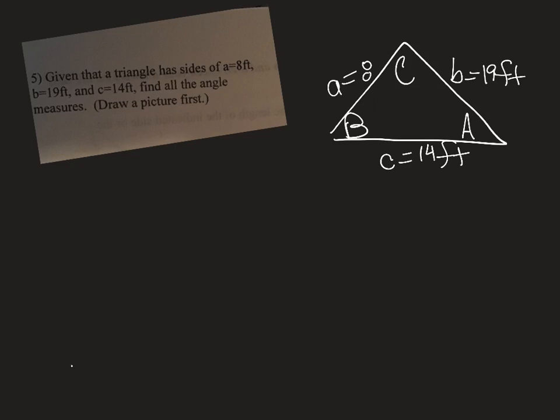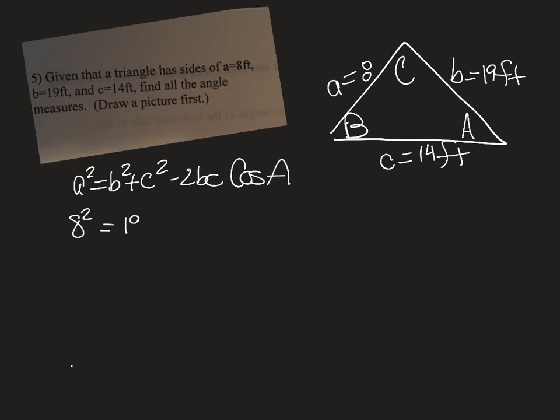I'm going to solve for angle A first because A came first. So A squared equals B squared plus C squared minus 2BC cosine of my angle A. So I'm going to have 8 squared equals 19 squared plus 14 squared minus 2 times my 19 times my 14 cosine of angle A. This A is what I'm trying to solve for right here.